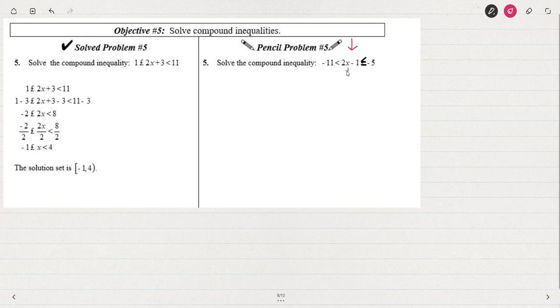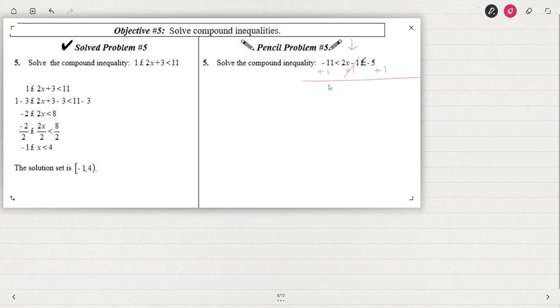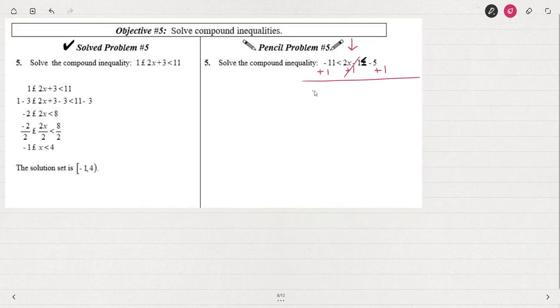So for example, I'm going to add 1 to cancel out that -1, right? So when I add 1 to the middle, I'm going to add 1 to both sides. -11 plus 1 is -11, less than 2x, less than or equal to -5 plus 1 is -4.